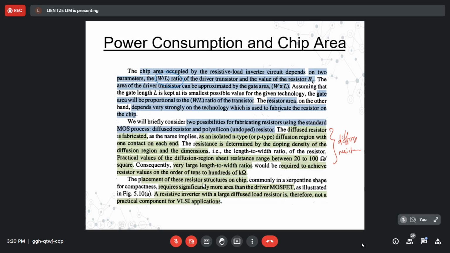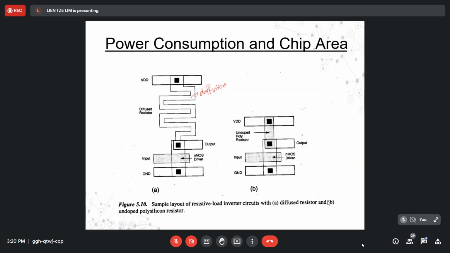So the placement of this resistor requires significantly more area than the driver MOSFET, as illustrated in Figure 5.10A. A resistive inverter with a large diffuse load resistor is therefore not a practical component for VLSI applications.